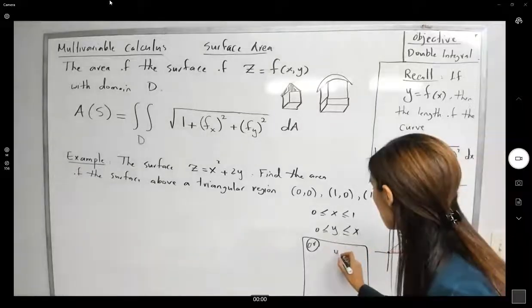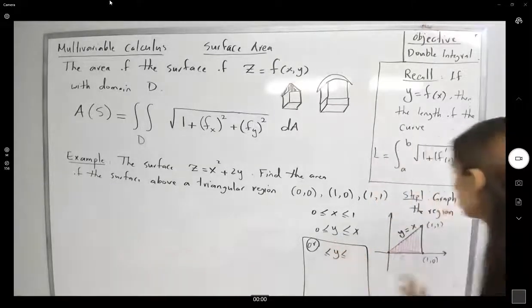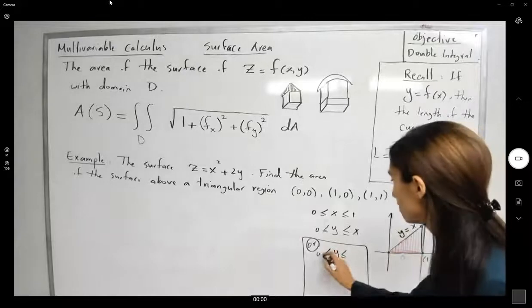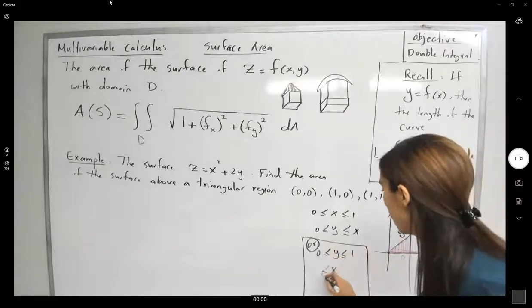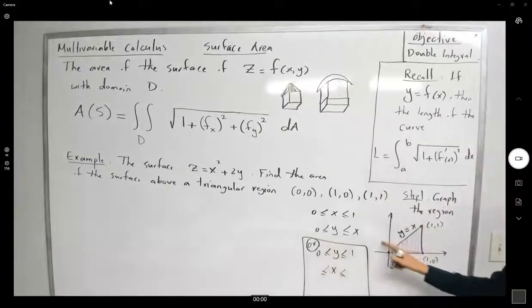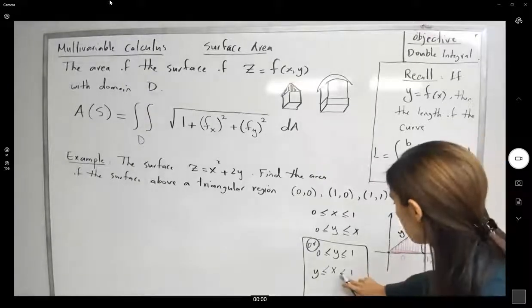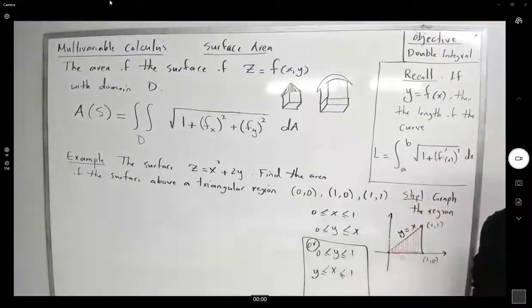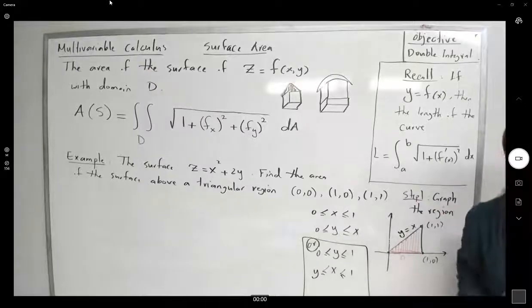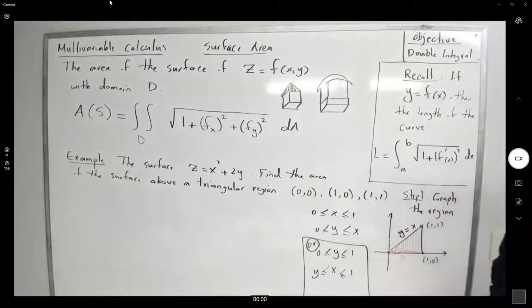So if you set your y between 2 fixed numbers, 0 and 1, then from the left your x is bounded by y, and from the right it's bounded by this vertical line, which is 1. Both of these give you the exact same answer. It doesn't matter which one you use.